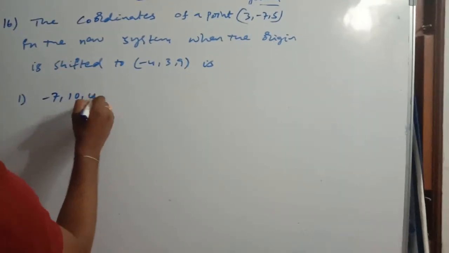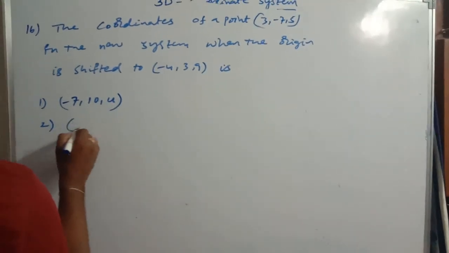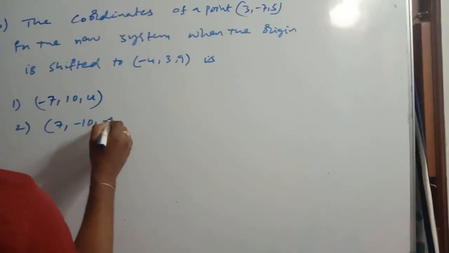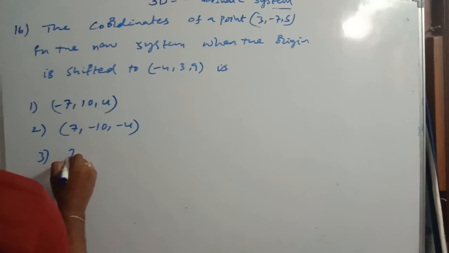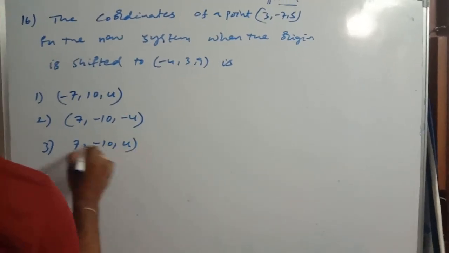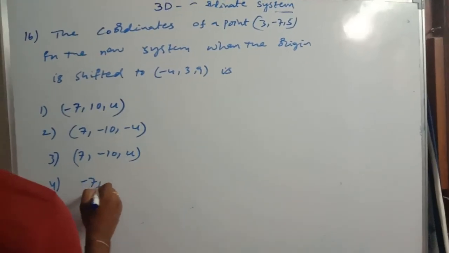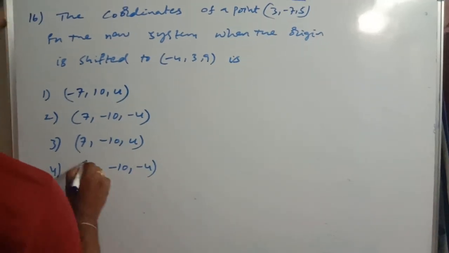The first option is 10 comma 10 comma 4 and the second option is 7 comma minus 10 comma minus 4, and the third option is 7 comma minus 10 comma 4, and the fourth option is minus 7 comma minus 10 comma minus 4.